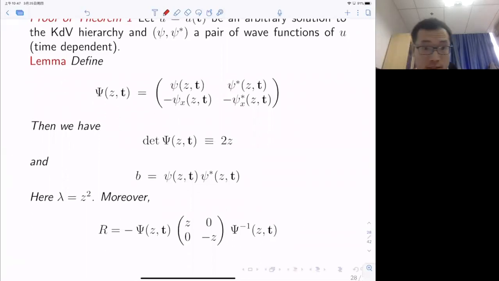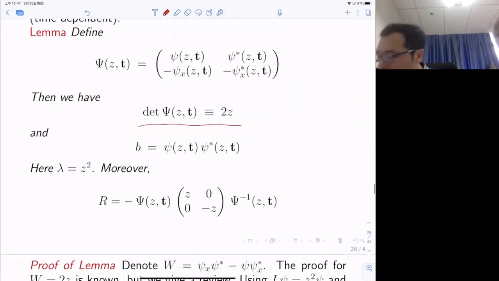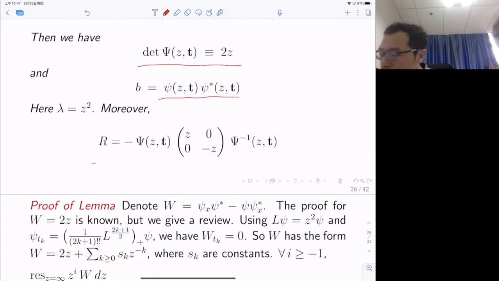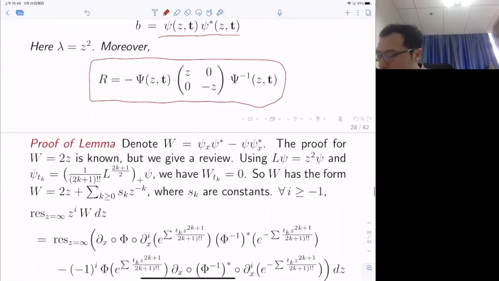We put together psi, psi star, psi x, and psi x star, and the first statement is that the determinant of capital Psi equals Z, and the product of psi star is B. It is our generating series of the Hamiltonian densities, which is given by the Lenard-Magri recursion. And now we give the third form of the matrix resolvent, given by psi times Z minus Z psi inverse. The proof is also very standard.